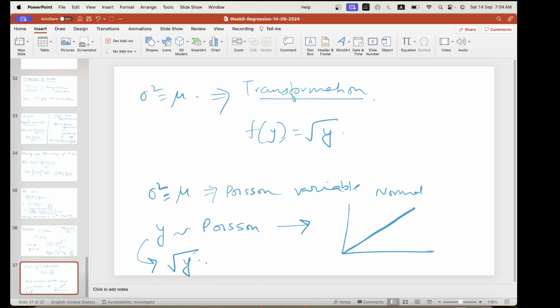Then we would fit root y on our x's, and that way the variance of root y would be some constant. So this is how all sorts of transformations would take place.